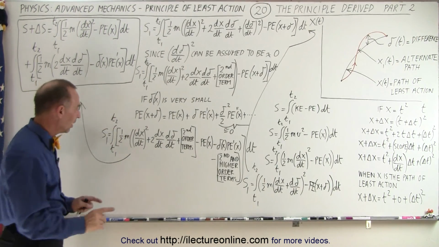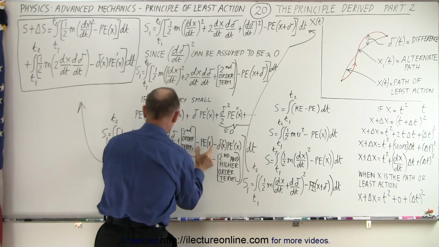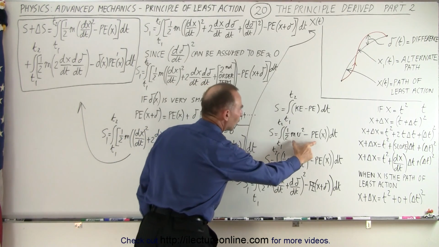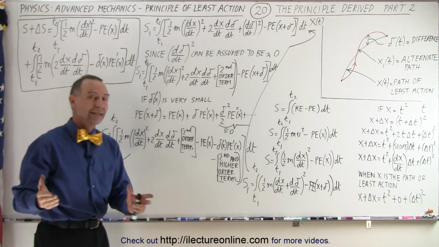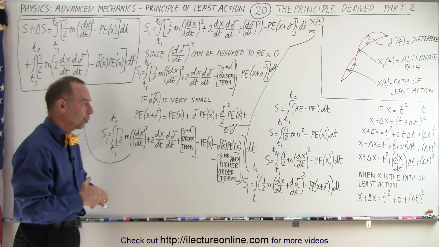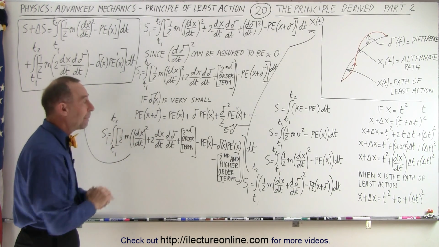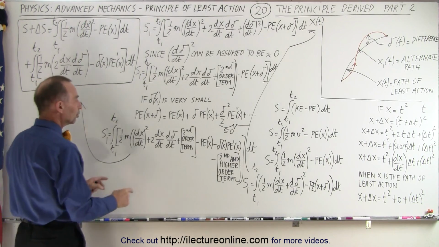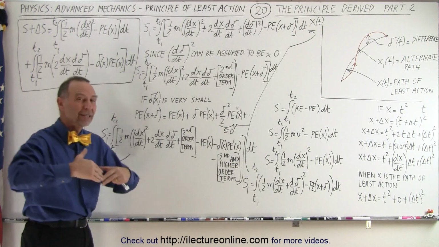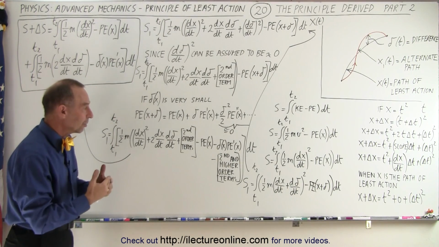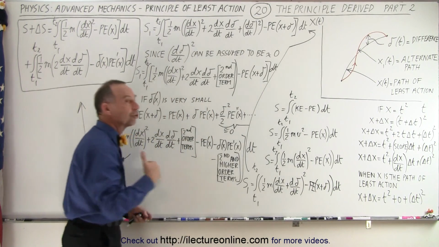Now if we look at this term and this term right here, those two terms belong to the original integral, the least action integral of the path of least action. And then the other two terms really represent the additional terms gained in the integral by calculating the action of the alternate path.